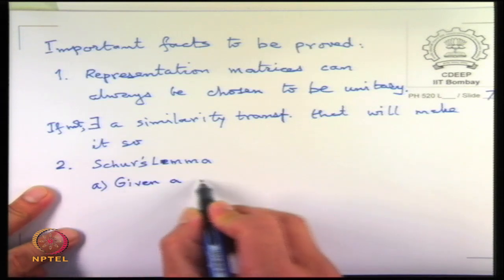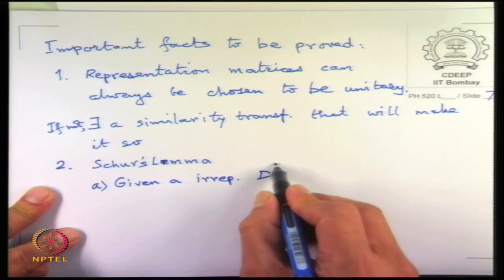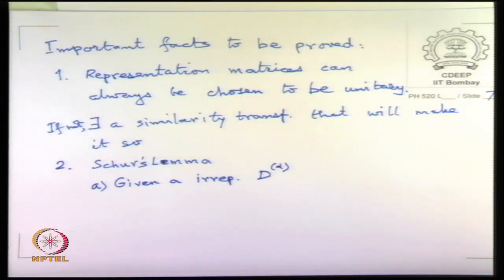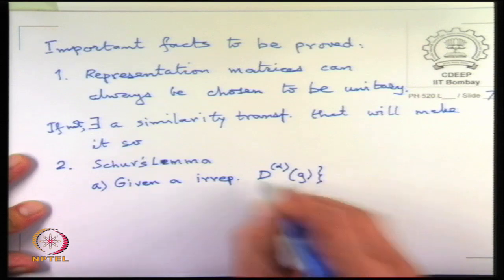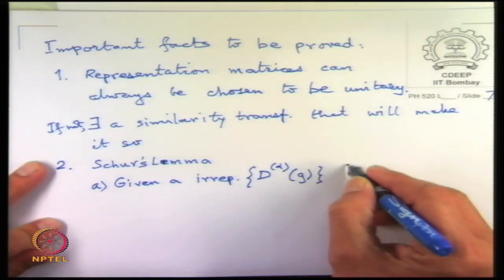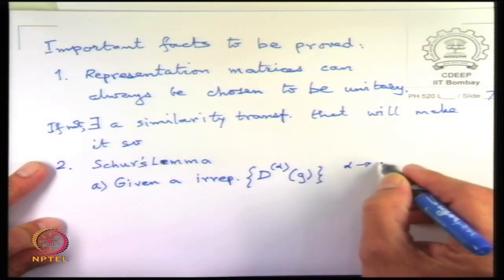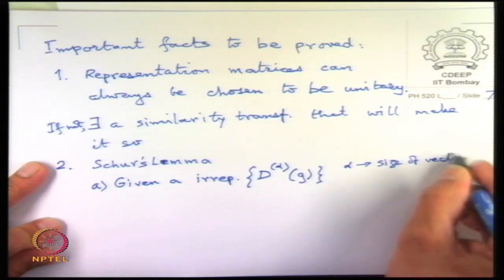So given a representation or given an irreducible representation d alpha, so when we write d alpha of g, where g are group elements, and then I put curly brackets to mean the whole group represented by this set of matrices, and alpha usually denotes the size of the vector space, the carrier space.